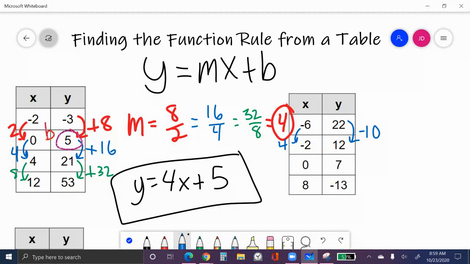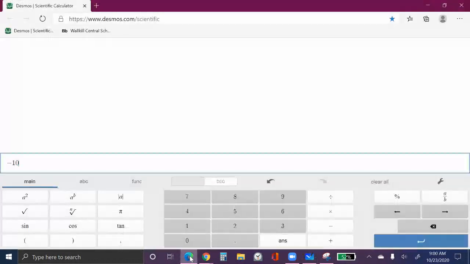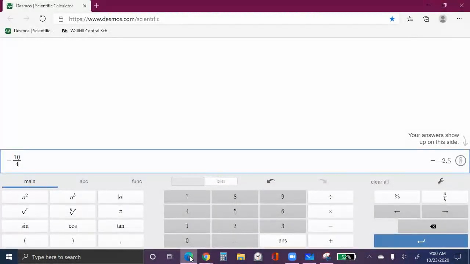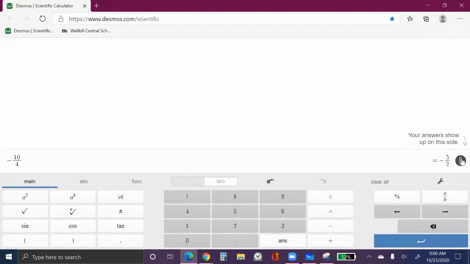In this one, and again, I'm not going to have you do every single one. Eventually we're going to get into tables that are nonlinear, so they wouldn't have the common ratio, but that's going to be for a later lesson. So my slope here is -10/4. If you don't know how to reduce fractions, just use your calculator. -10/4 is -2.5. I'm going to write it as a fraction, though: -5/2.